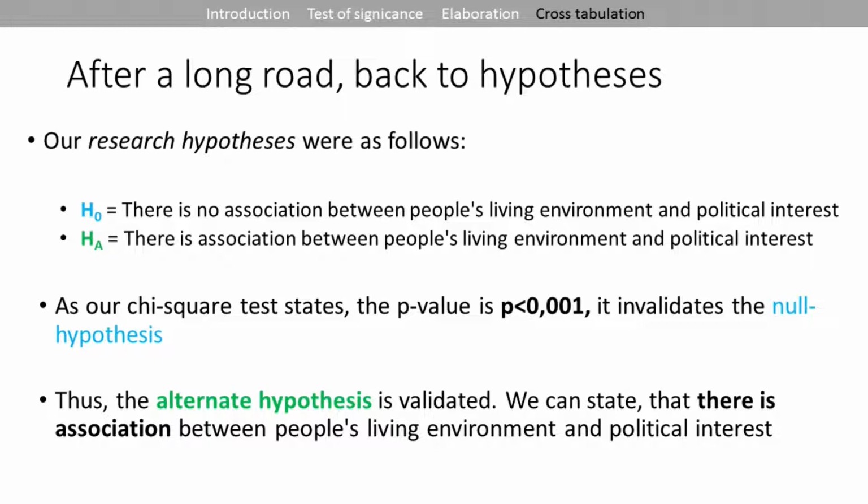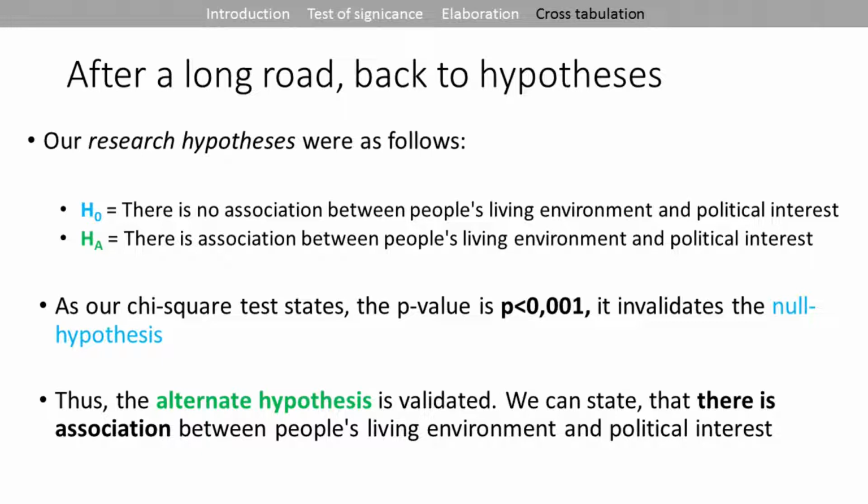So we walked quite a long road, but after that we can go back to the hypothesis that was what we were asking from the data. So our research hypotheses were the null hypothesis: there is no association between people's living environment and political interest. And we have the alternative hypothesis that there is association between people's living environment and political interest.